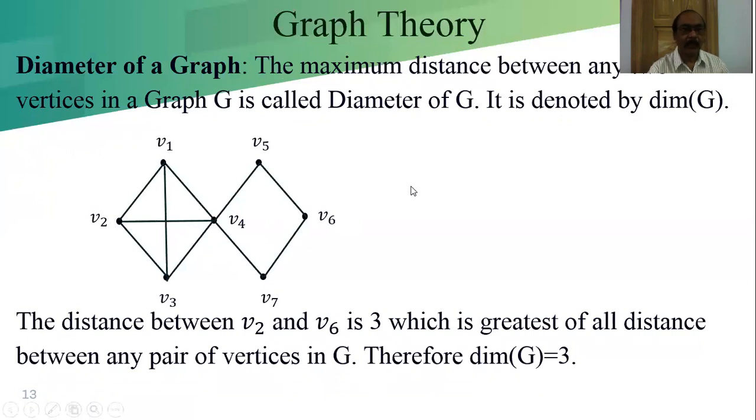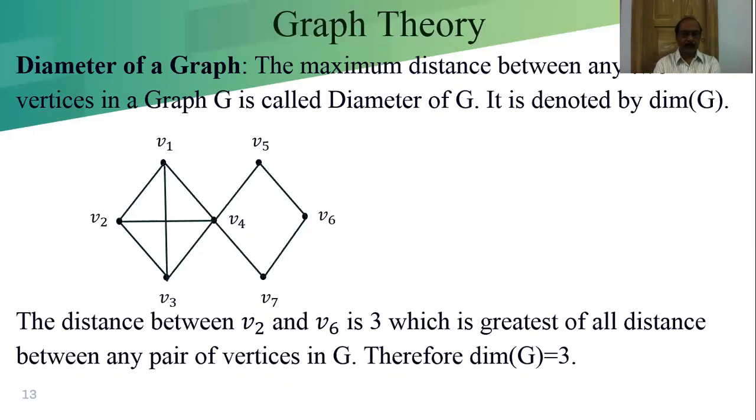Diameter of a graph. What is called the diameter? In this case, let us consider the distance between every pair of vertices. Here, how many vertices? 7 vertices. Let us consider the pairs of vertices. That means we take 2 from 7. How many ways?